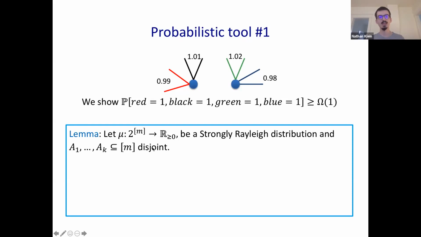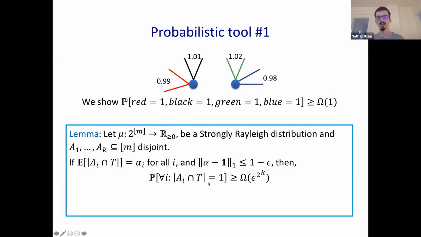We show that if you have k disjoint sets and their expectation is close to the all ones vector, then the probability that every set has intersection 1 with the tree is a function of only k and epsilon. I'm using T and tree here, but again, this holds for general SR distributions. And I call this a generalization as this was previously known for k subsets that each had expectation exactly 1, and now we allow some deviation.